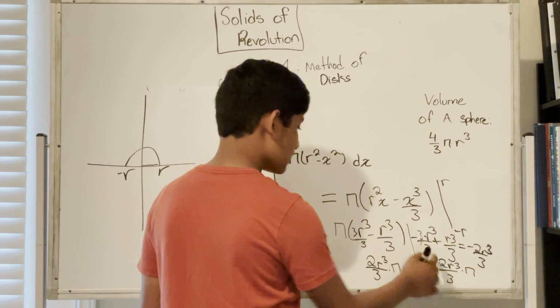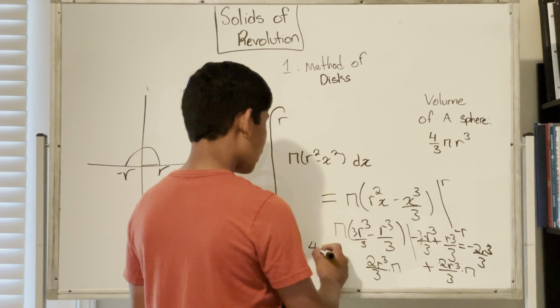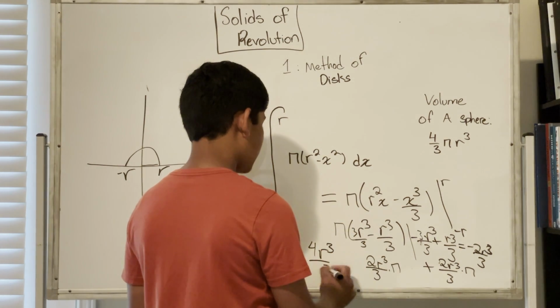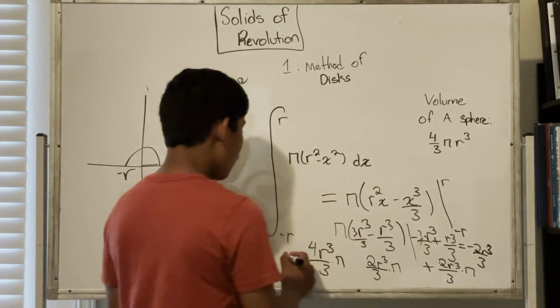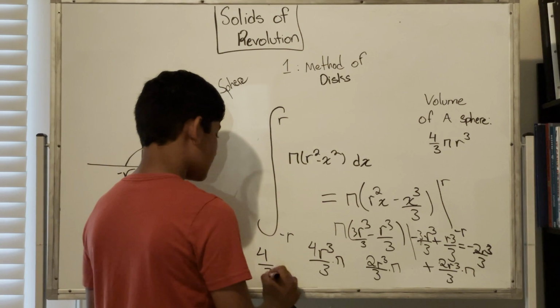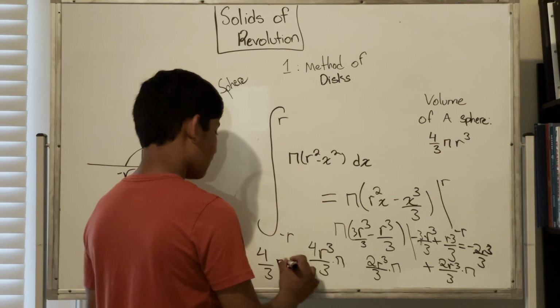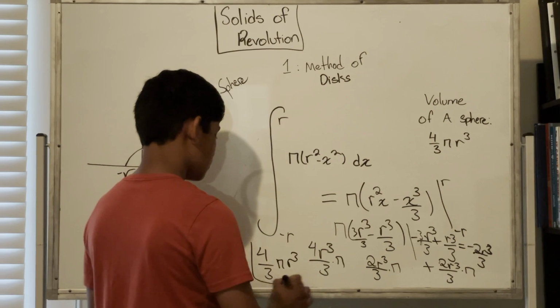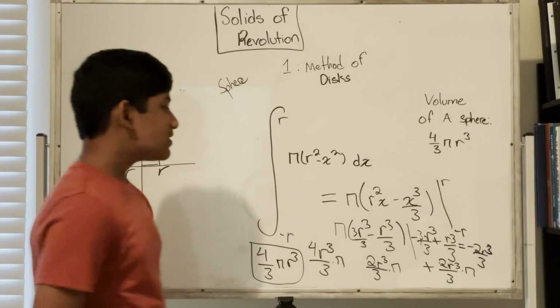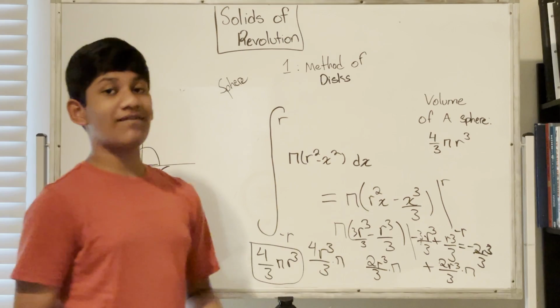So we have 4r cubed over 3 times pi, or 4/3 pi r cubed. And this is how we derive the volume of a sphere.